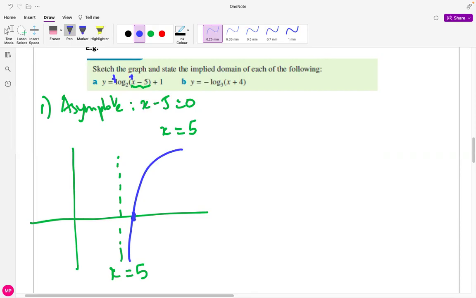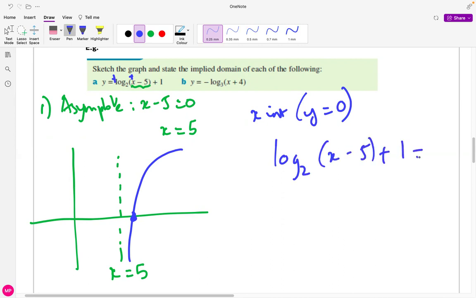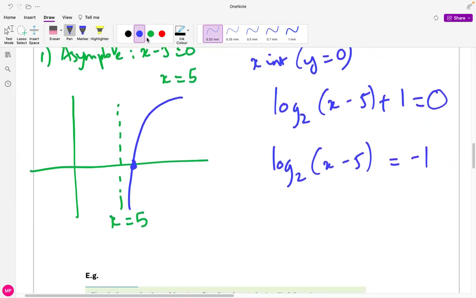I'm going to find the x-intercept here. So to find the x-intercept, I make y equal 0. So I would have log 2 of x minus 5, plus 1 equals 0. I move the 1 over, so log 2 of x minus 5 equals negative 1, right? Then to solve for x, I need to get rid of log 2.